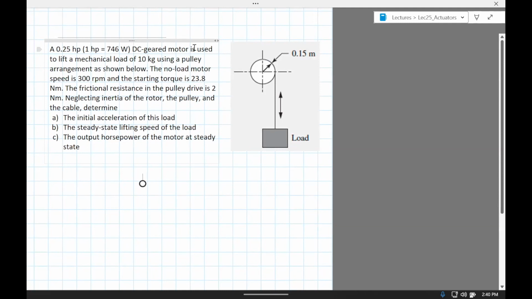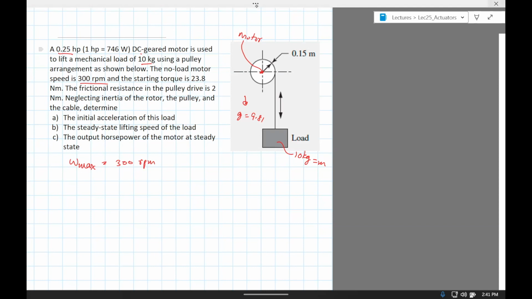Okay, so this is a setup, a 0.25 HP DC geared motor. It's not shown here, but it's basically connected to the shaft. It's used to lift a mechanical load of 10 kg. Let's call that M. There's gravity, weight W. Using a pulley arrangement as shown, the no load motor speed is 300 RPM, so that would be the omega max, 300 RPM.